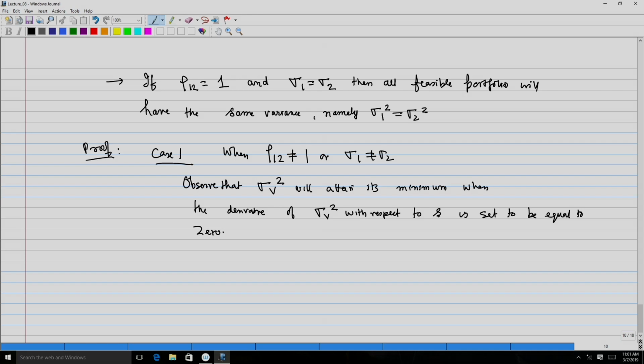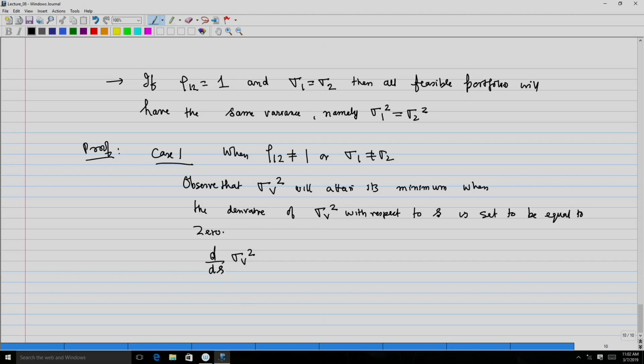So, basically sigma v square, which is now a function of a single variable, the minimization of that will be done by making use of the derivative test that you have seen in differential calculus, where the derivative must be equal to 0 at the point where the minimum is attained. So, accordingly, what we do is that we start off with taking the derivative of sigma v square, which now is a function of s.